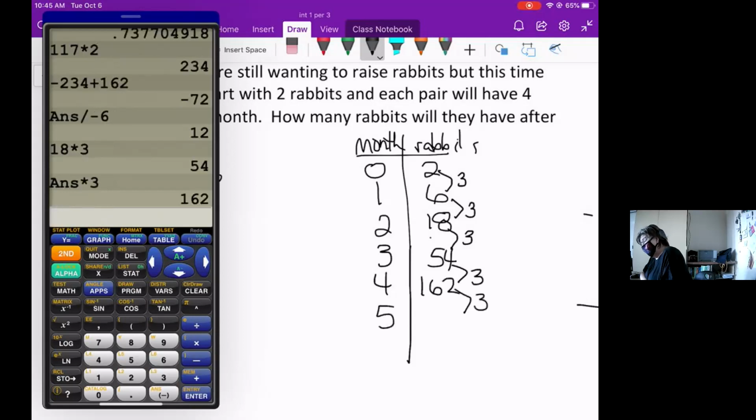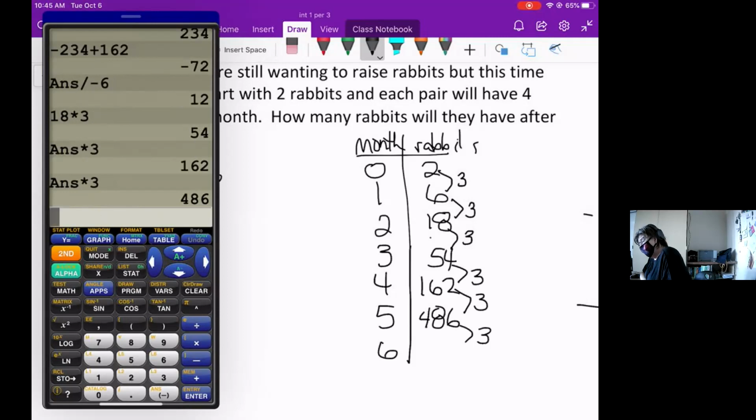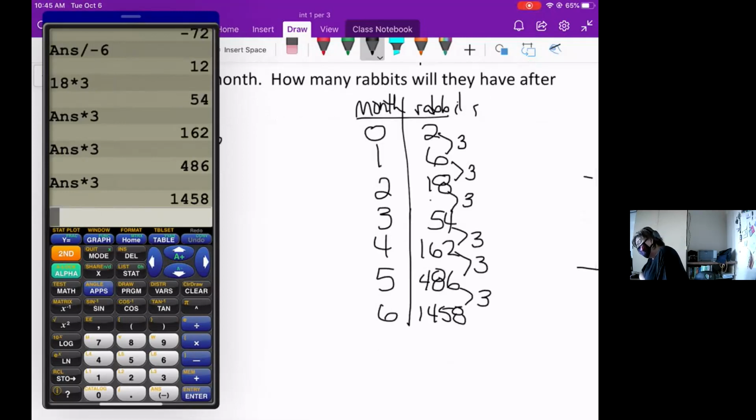Times 3, 486. Times 3, 1,458. We had a good laugh about how many rabbits they would make.